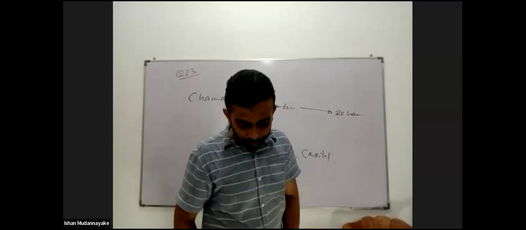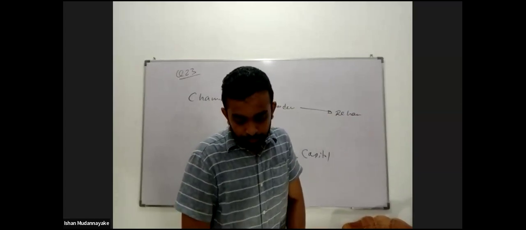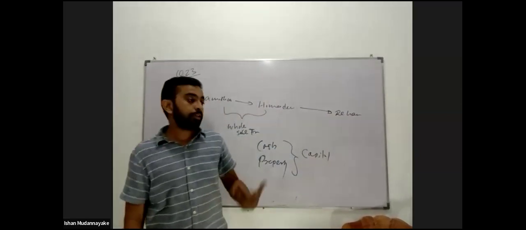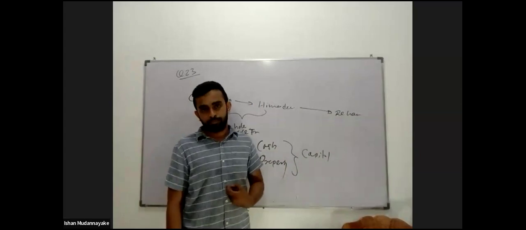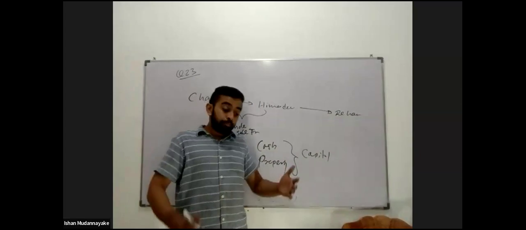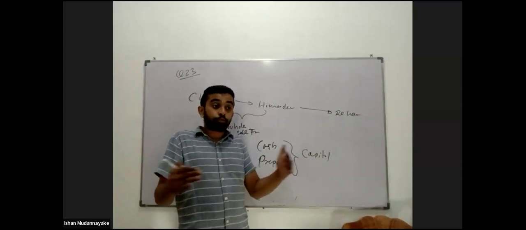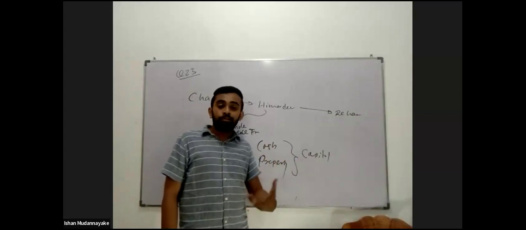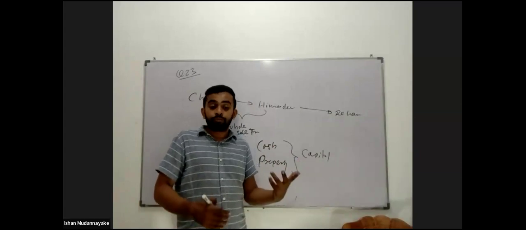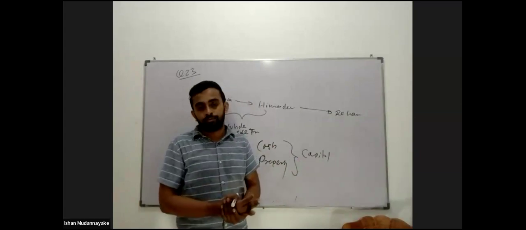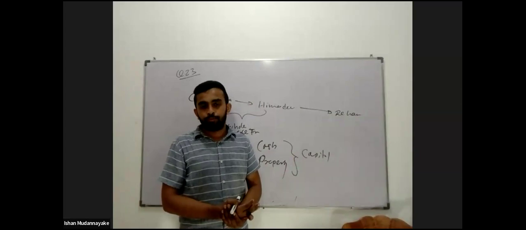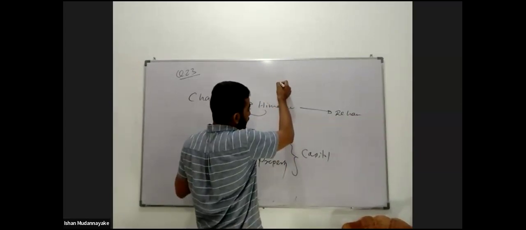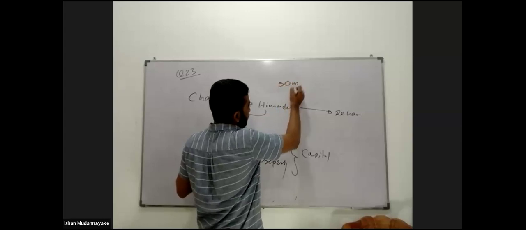Next one, growth of the business operation in future. Another objective of the owner is growth of the business operation in future. Managers of the business organization need to grow the business organization. Let's say in this financial year, your total sale is 50 million.